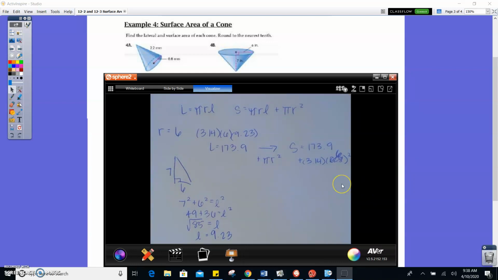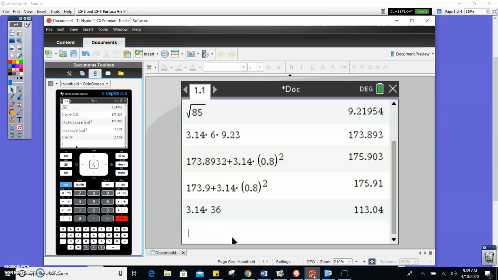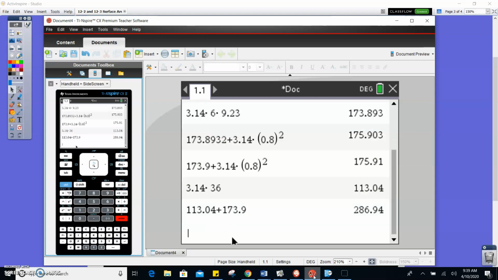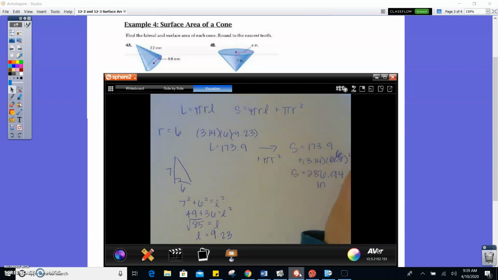So I'm going to come to my calculator, and that would be 3.14 multiplied by 6 squared, so times 36. That gives me the area of the base, which is 113.04, added into my lateral, which is 173.9, which gives me my total surface area of 286.94, and that is inches squared.